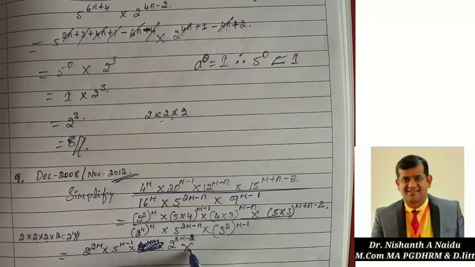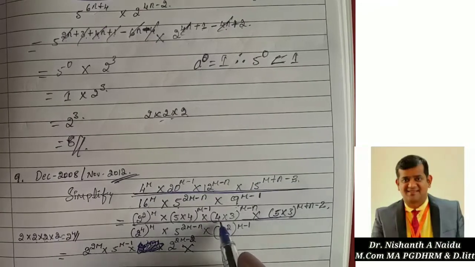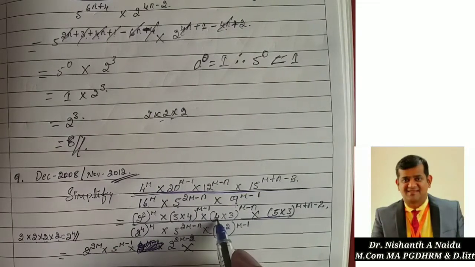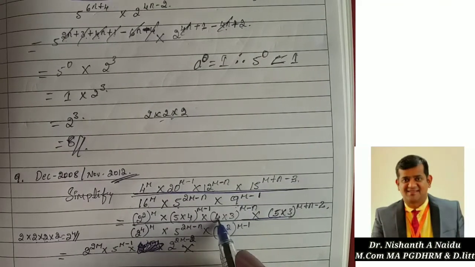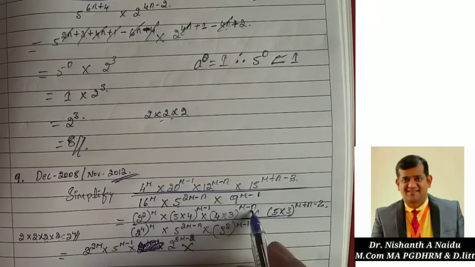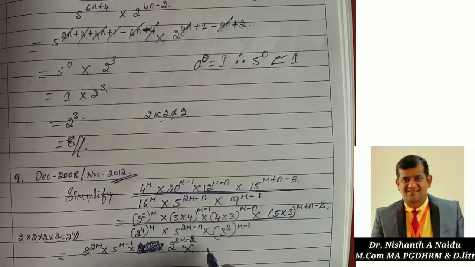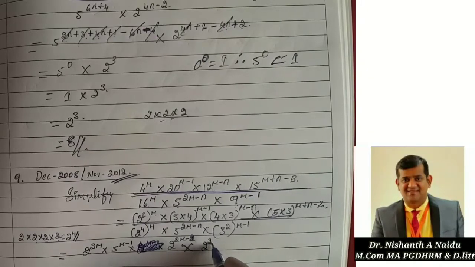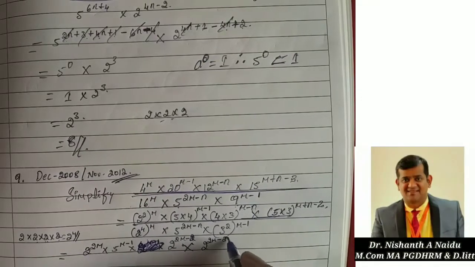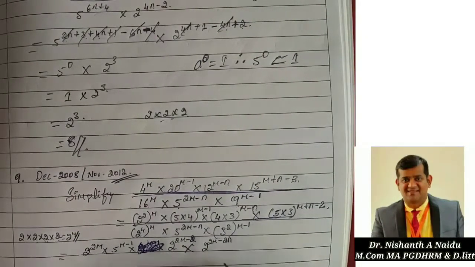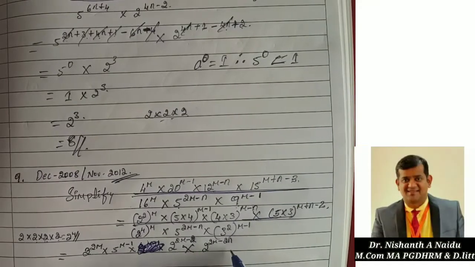Again 4 is there. So if you convert it into 2 factor, 2 to the power 2m minus n, 2 to the power 2m minus 2n multiplied by 2. Okay.